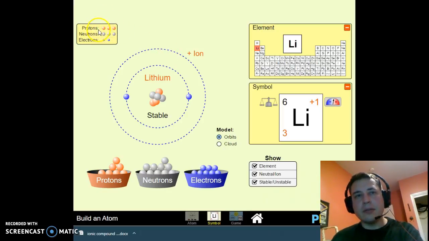Protons are positive. It only has 2 electrons. When you compare those, you have an extra positive one, making this overall atom positive, and it's a positive 1. So what an ion is, is a charged atom that is either positive or negative.